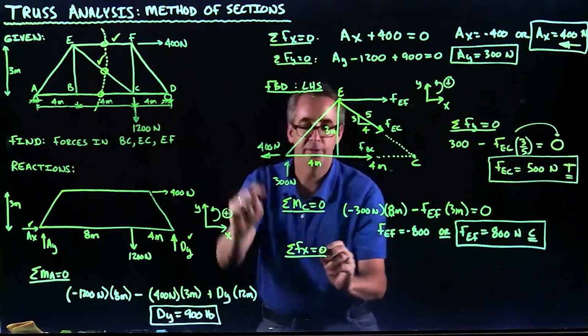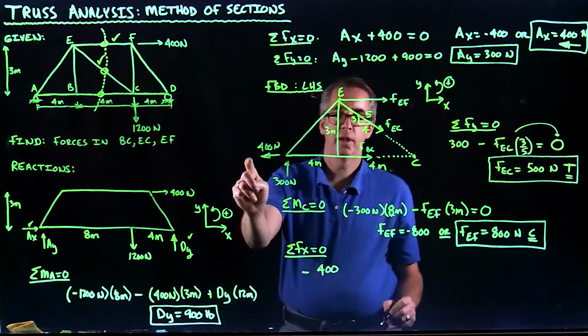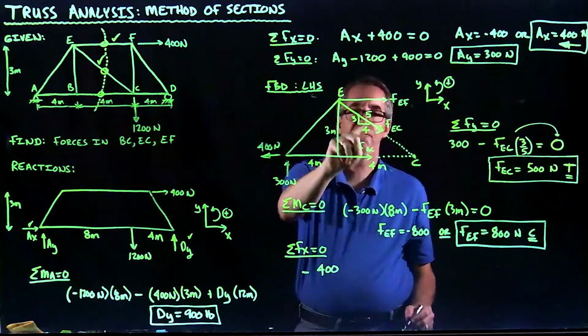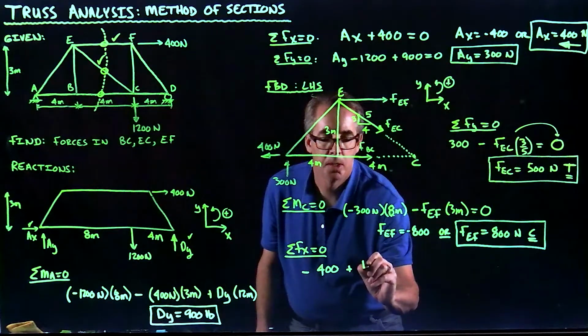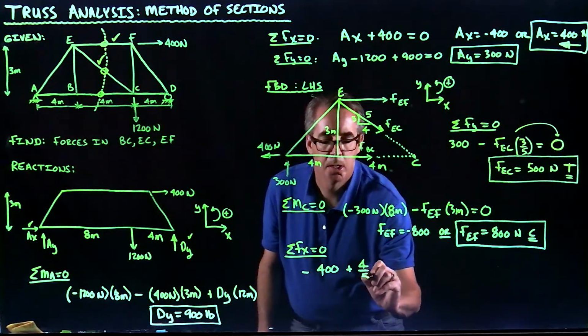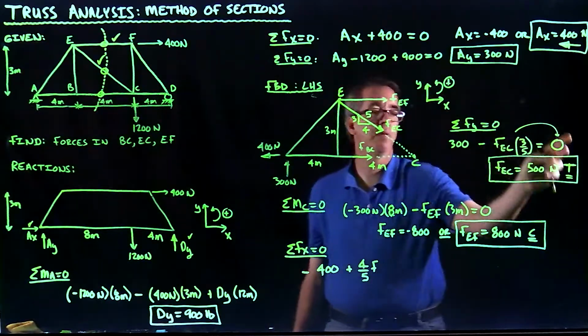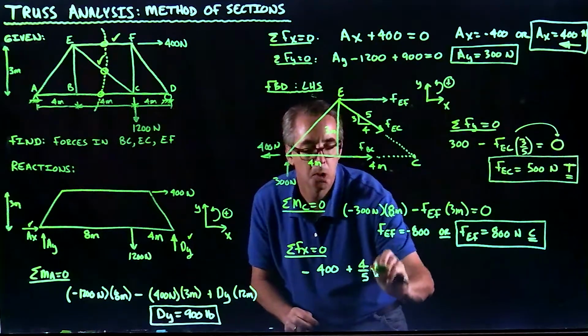So when I do that, I see I've got a minus 400 going to the left, right? So that's a minus. I've got 4/5 of FEC, which actually we already know. So instead of writing that down, I'm just going to put in the value directly.